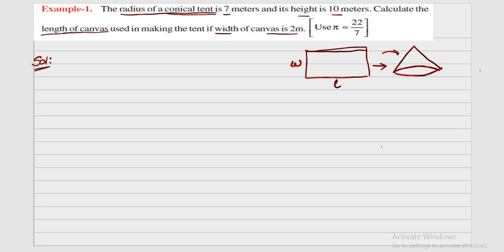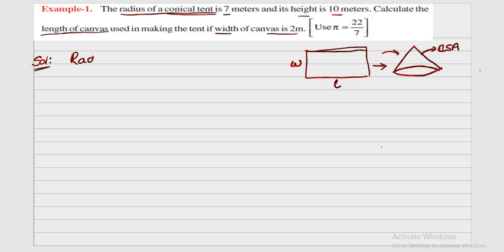So from this clearly we can say we need to take only the curved surface area of this cone, right? So shape to shape conversion. When my rectangle shape is converted into the curved surface area of the cone, how do we have to proceed, right? Now let us see how to solve this problem.